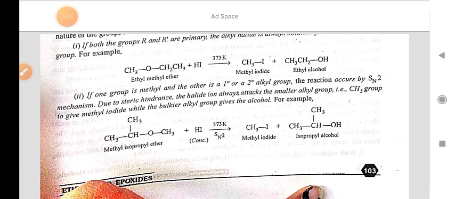Due to steric hindrance, the halide ion always attacks the smaller alkyl group, that is the CH3 group, to give methyl iodide, while the bulkier alkyl group gives the alcohol. For example, methyl isopropyl ether plus concentrated hydroiodic acid gives methyl iodide and isopropyl alcohol.